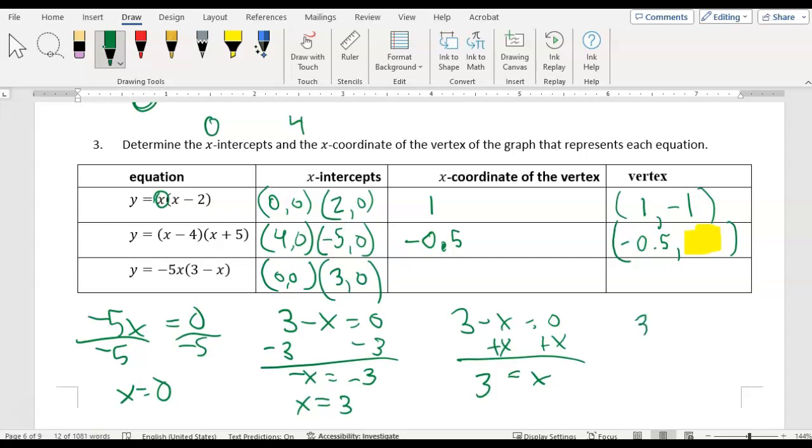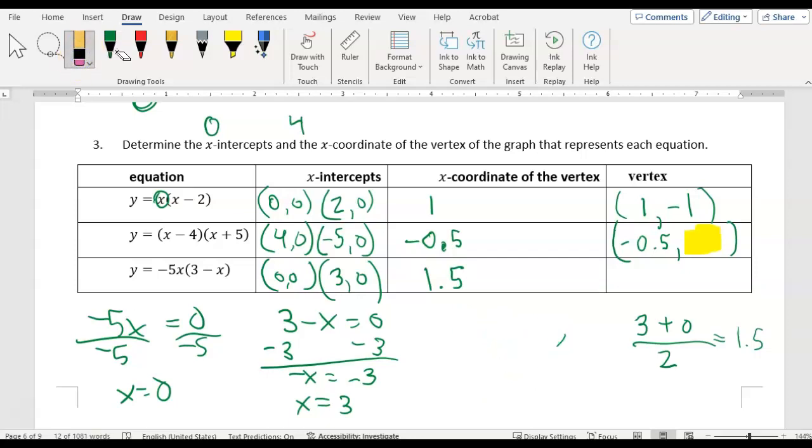Then we're going to find the midpoint between those to find the x-coordinate of the vertex. We're going to add those x values and divide by 2, which gives us 1.5. So 1.5 is our x-coordinate, and then same thing, you're going to plug that into your equation. So instead of x, you're going to put 1.5.